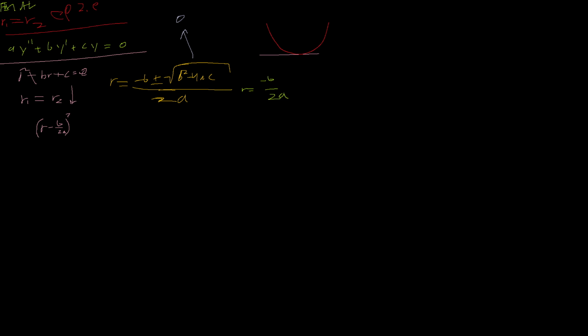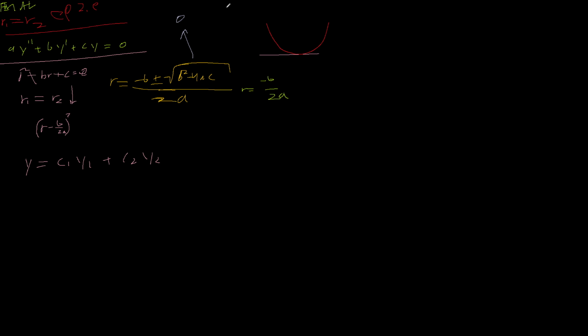So what do we get from all of this? When we go to write this down, obviously we're missing a solution. So we have y equals c1 y1 plus c2 y2.